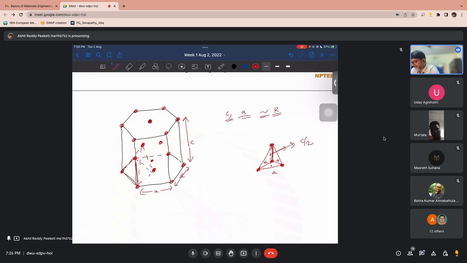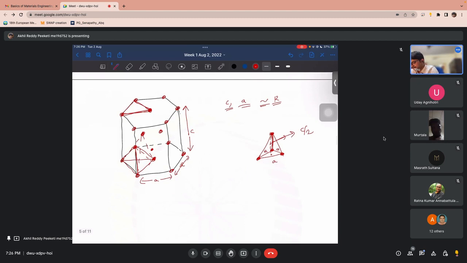So this is the inside atom, and if you see any of these things, each is a triangle in a hexagonal face. So that triangle and one of the internal atoms will form a 3-dimensional structure.